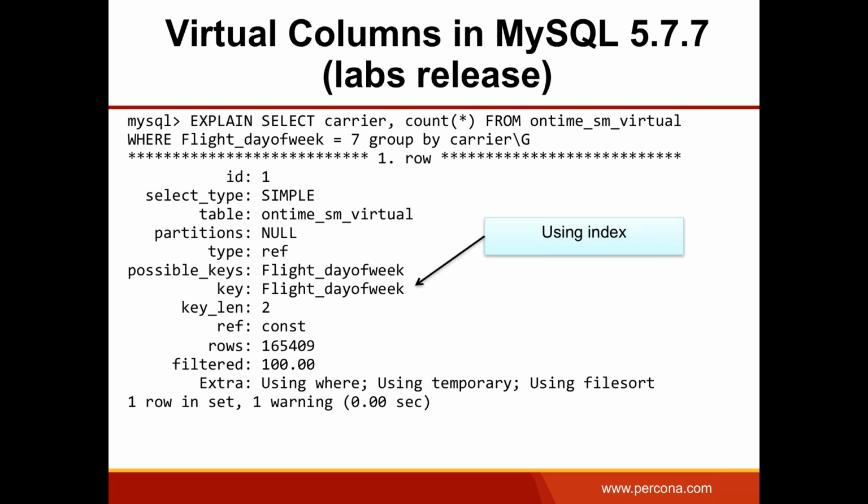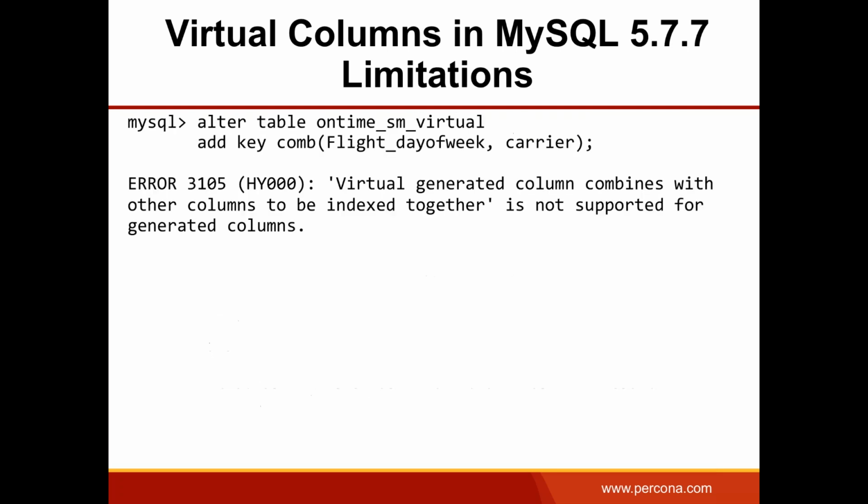That's a really good feature. There is one limitation of that right now in MySQL 5.7. You cannot mix a generated column and a non-generated column. To optimize the query, we actually will benefit a lot from the combined index.